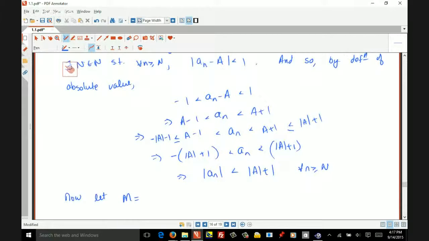So I'm going to choose M to be the maximum of the set a_1 in absolute value, a_2 in absolute value, up to a sub N minus 1. Yeah, by minimum. No, because I took the absolute value of it. So bounded, I just have to say the absolute value of each term is less than some number, not bounded above or bounded below.